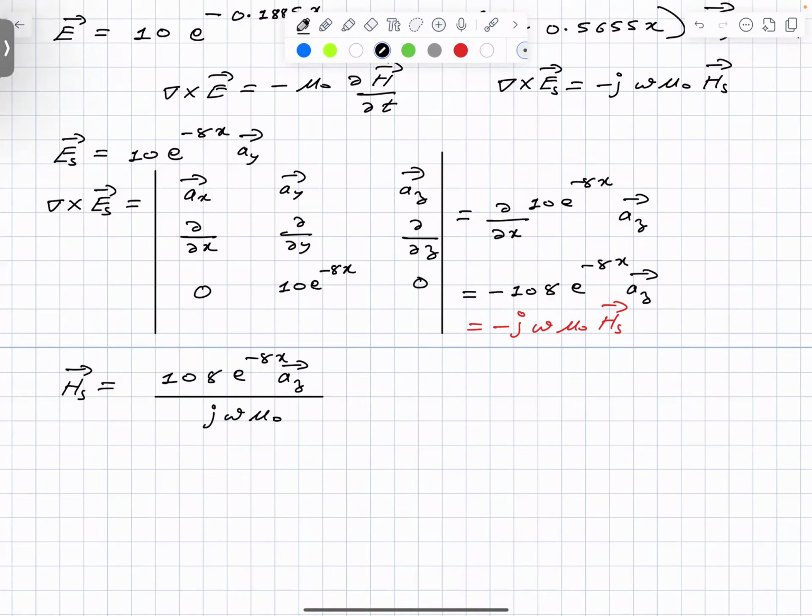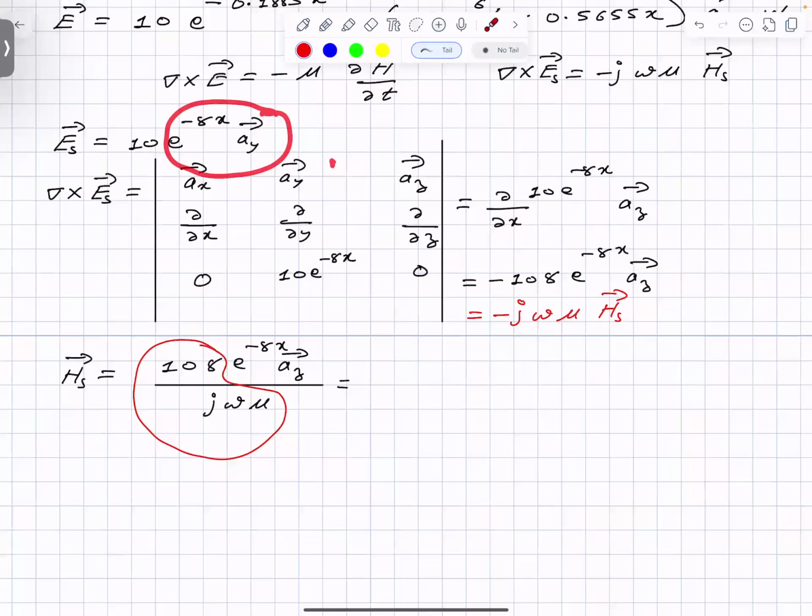Let's write just this part first, because the other part, e to the minus gamma x az, the electric field intensity also has that component, right? The difference is this amplitude. For electric field, the amplitude was real. Here, the amplitude is now going to be a complex number.